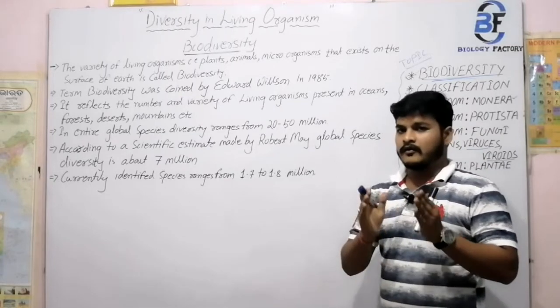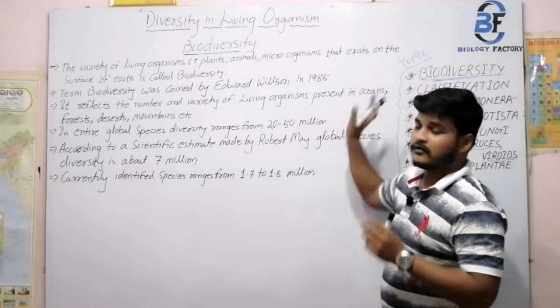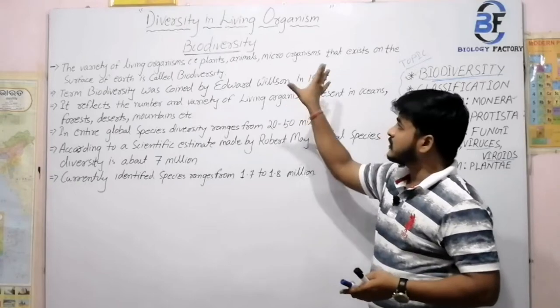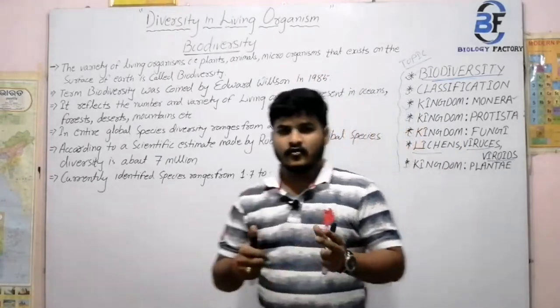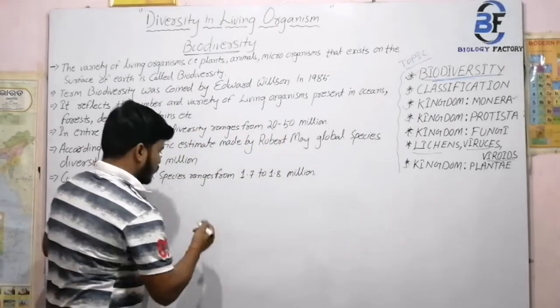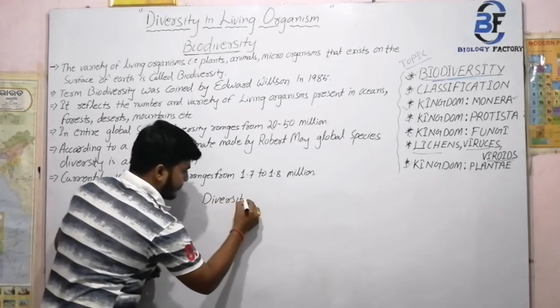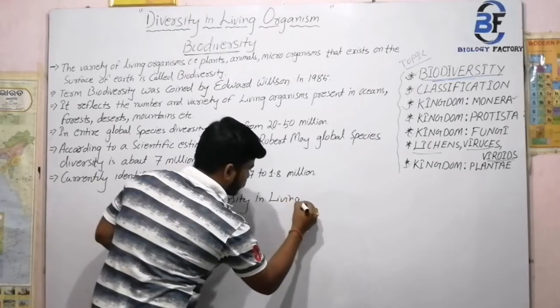Before going to biodiversity, what is the meaning of diversity in living organisms? What is the meaning of this unit? If we split the word diversity, the meaning of diversity is variety. So diversity in the living world.